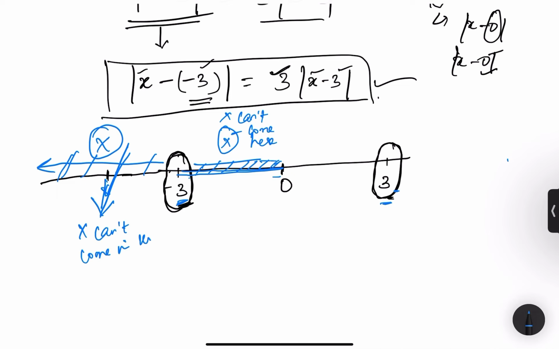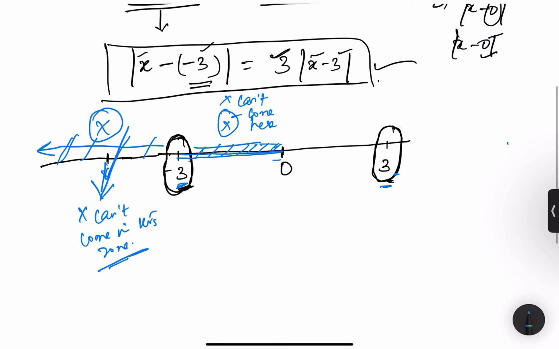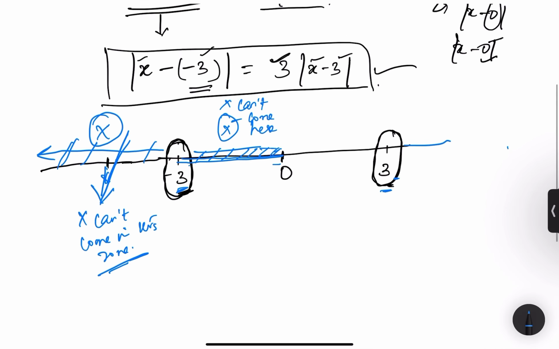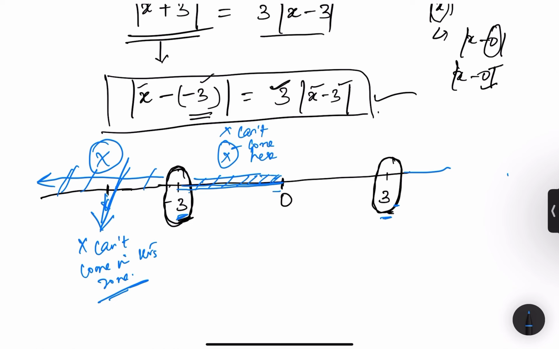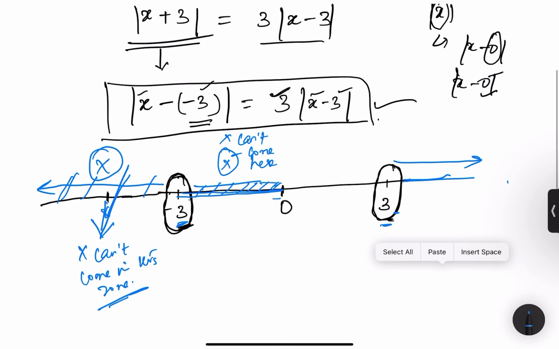Okay, so what are the left out positions for x to be placed? So x can come here towards the right side of plus 3. So let's say x is here, and x can also come towards this zone, that is from 0 to 3. Why?